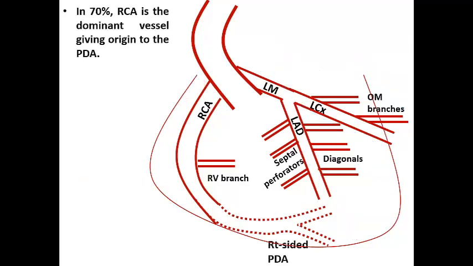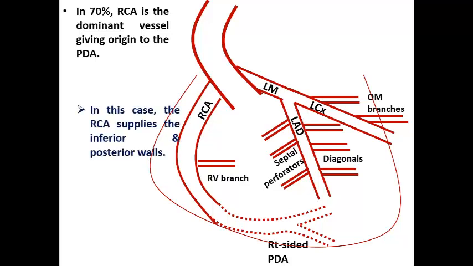Of course, we mentioned before that in 70% of the population, the RCA is the dominant vessel, as it gives origin to the PDA, which in this case is a right-sided PDA arising from the RCA. In this case, the RCA supplies the inferior wall and posterior wall, and the LCX only supplies the lateral wall of the heart.